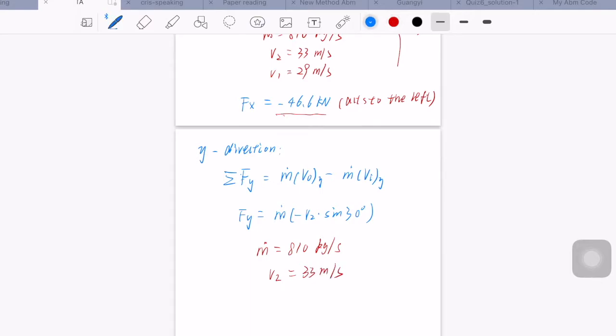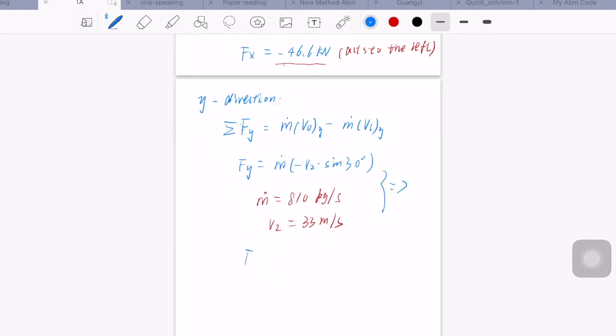So we can determine that Fy should be equal to minus 13.37 kilonewtons. Since the result is negative, the force should act downward.